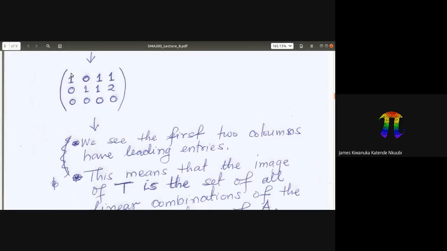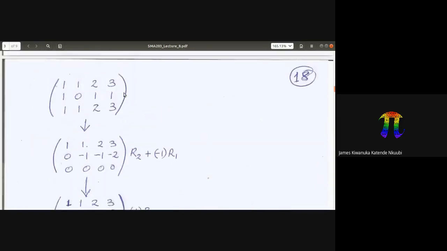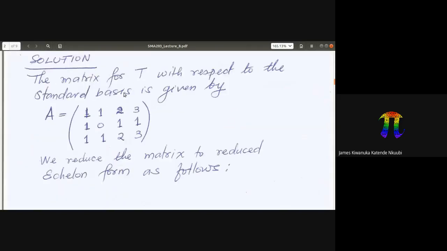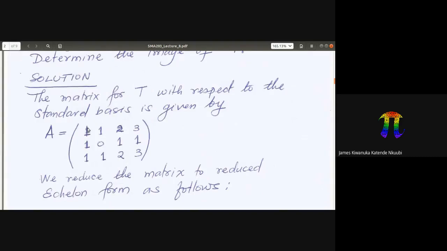So simply pick any column that has a leading entry, and then the image will be made up of the linear combinations of the corresponding columns from the original matrix. So now once you find those two that have leading entries, find the corresponding columns in the original matrix A, so that the image now will be the span of these two vectors.